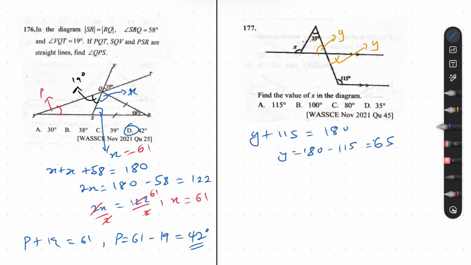Now that we know y to be equal to 65, that means the sum of y and 35 should give us x. So x will be equal to 35 plus y, which is 35 plus 65, and that will give us 100. That is our answer, which is B.